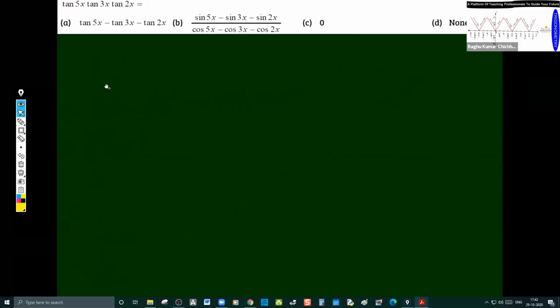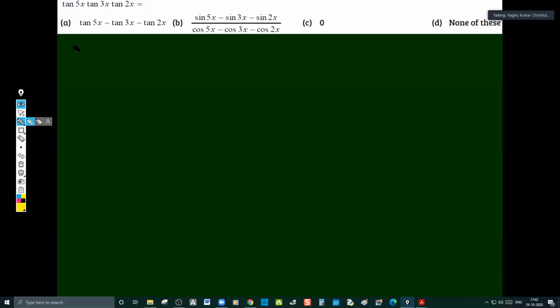Now, this is also such a problem. Without considering a relation, you cannot solve this. It is in terms of tan. So how to do this? Let us write a relation between 5x, 3x, 2x.